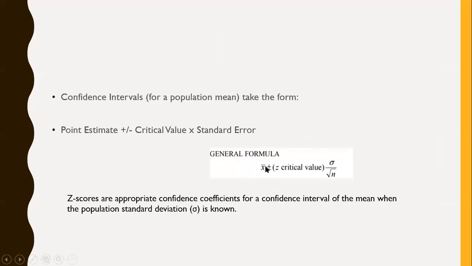This is the formula we use when we do hand calculation of the confidence interval. The x-bar here is the sample mean. Z is the critical value, the Z score, the appropriate confidence coefficient for the confidence interval of the mean, and sigma is the standard deviation, which is divided by the root of n, the sample size, right?